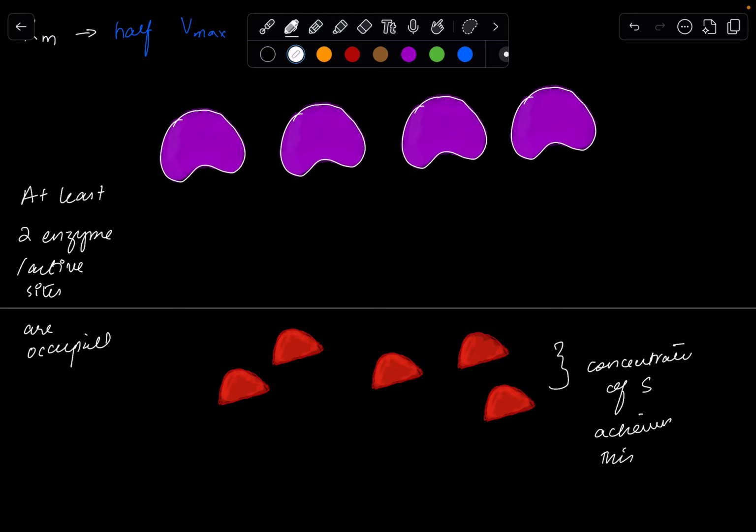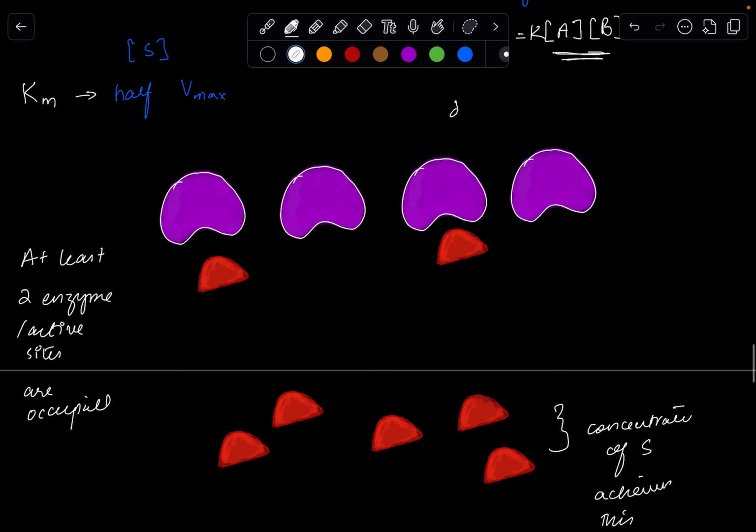So Km is the substrate concentration at which at least 2 of the enzymes are occupied out of the 4. So the rate we're looking for is 2 substrates per unit time, right? And that is the intuitive understanding of the Km.